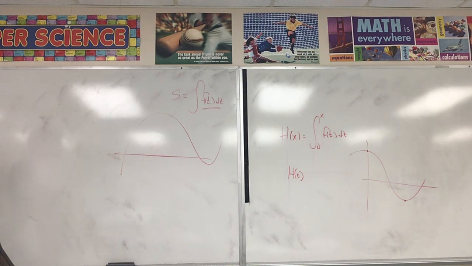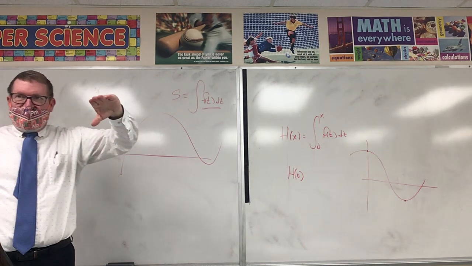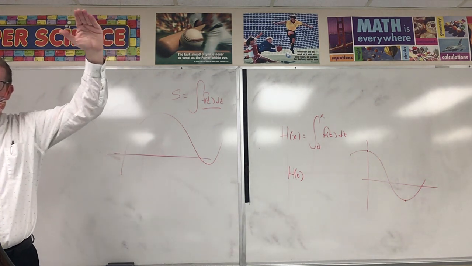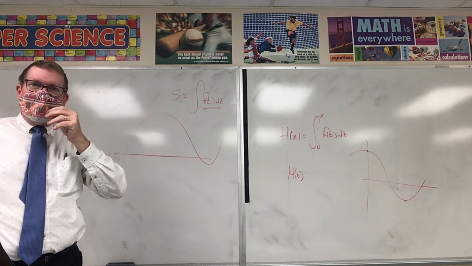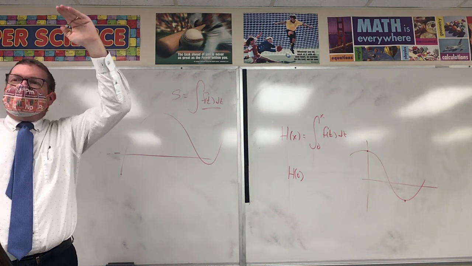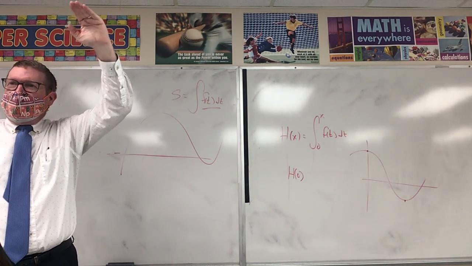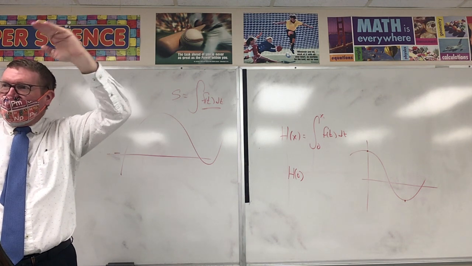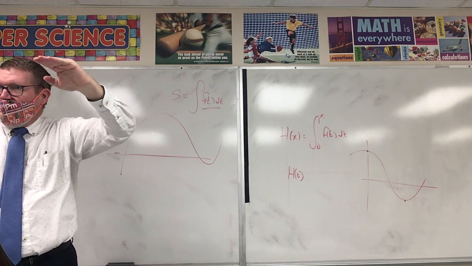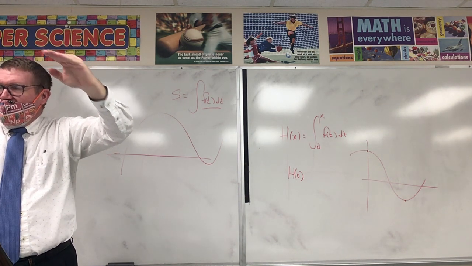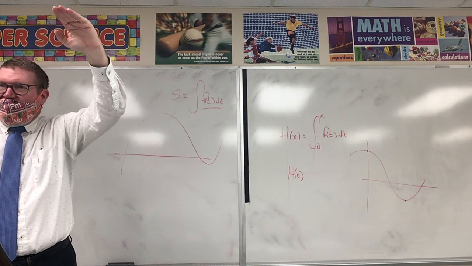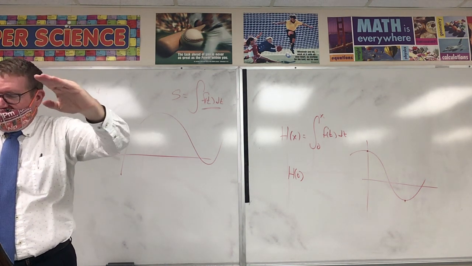If I have a position equation and I take the derivative of that position equation, I have velocity. If I take the derivative of a velocity equation, I have acceleration.